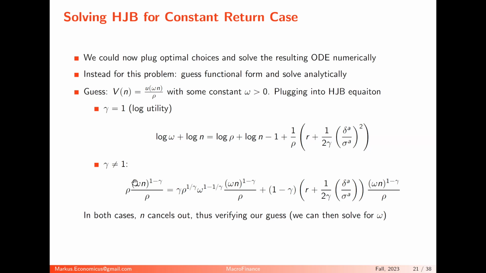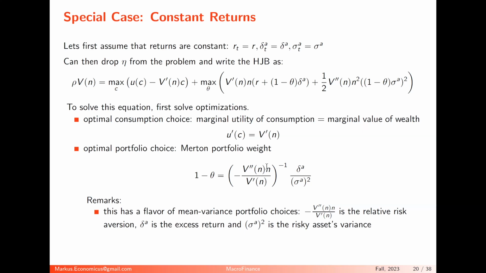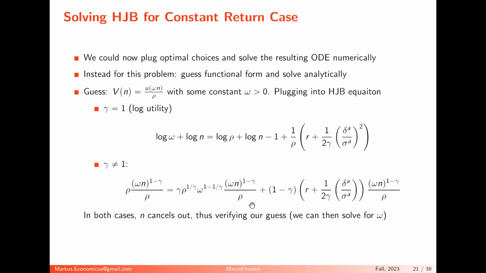Also multiply it by rho, then you plug everything in from the previous slide, these optimal solutions as well, and then you get this expression here. What I want to highlight is, in both of these cases, the n cancels out. So you can see this log n, you can cancel out here.